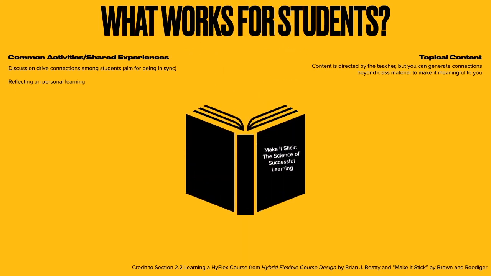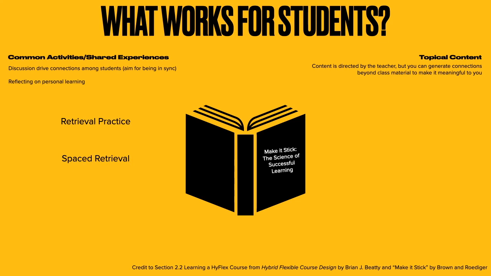Now, not only is this specified in books on hybrid flexible course design, it's also reflected in a book that we talked about last year called Make It Stick, The Science of Successful Learning. And we're going to get more material out there to students to help support them as they go through this. But one thing to note is they mention retrieval practice, so like quizzing yourself on a regular basis about what you're learning.